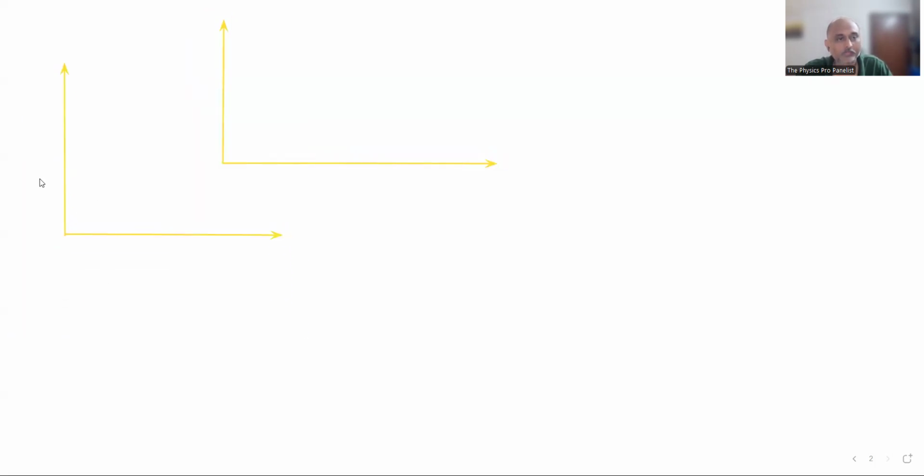ठीक है? तो दिस इज अ ट्री। ये वाला जो फ्रेम है, यहाँ पर एक ट्री है। So this is the tree which will be our, कौन सा फ्रेम होगा ये? इनर्शियल फ्रेम होगा, है ना?